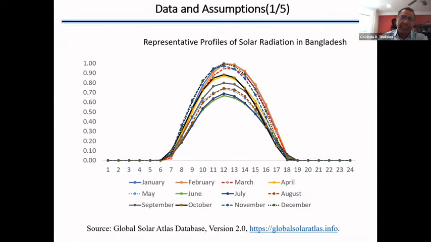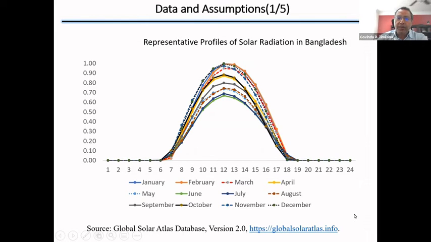We can see how this solar profile changes over the time of day, basically starting from 6 o'clock in the morning and going to about 7 o'clock in the afternoon. But it changes by season, by month of the year. You can see the highest sometime in June, in July. So this is the solar profile.